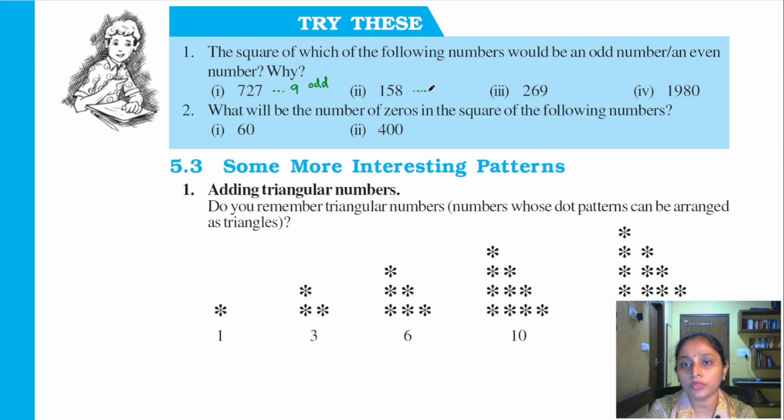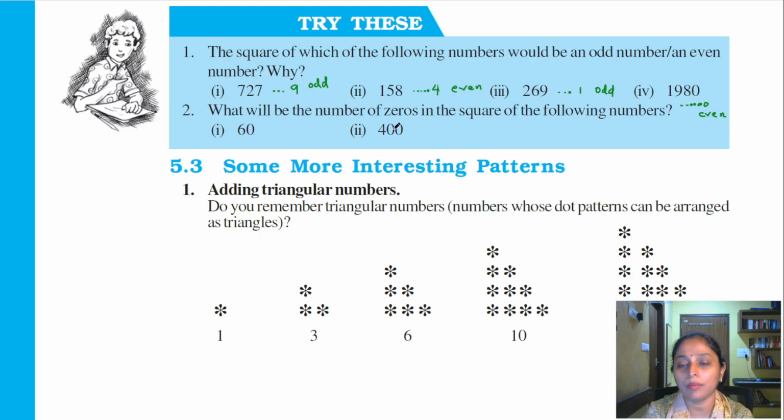Square of this is going to end with 4, since 8 square is 64. Therefore, this is an even number. Square of this is going to end with 1. That means it's an odd number. Square of this is going to end with 0, 2 zeros. And so this is an even number, right? So that is how you're going to solve this question.